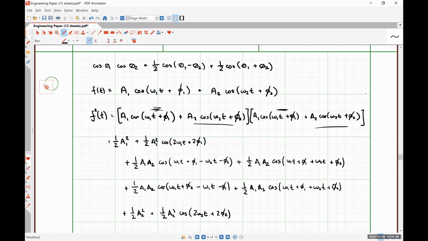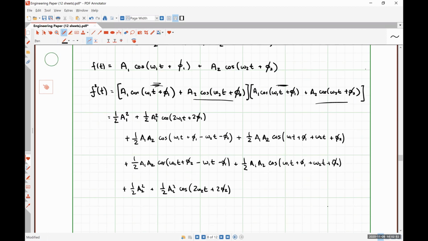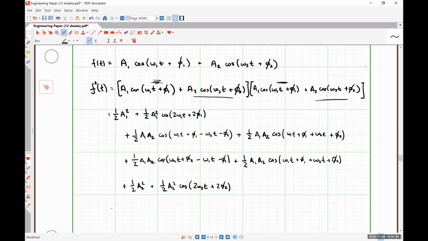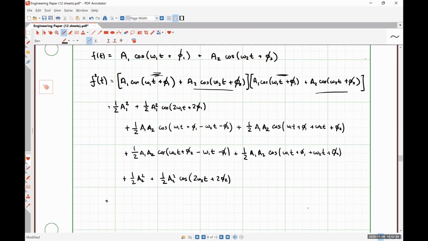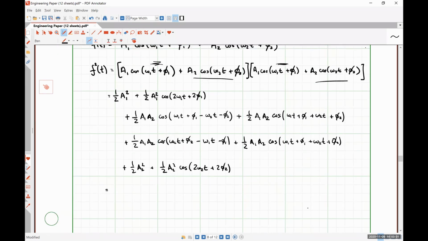That's a whole lot of math, okay? What I'm going to do now is look at a couple of things. So I have a DC term, which is 1/2 a1 squared plus 1/2 a2 squared.